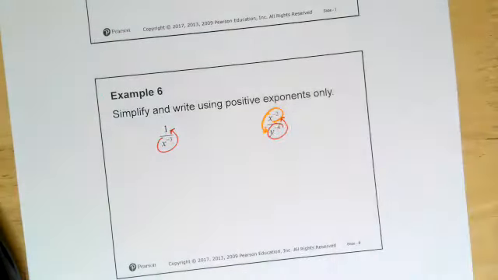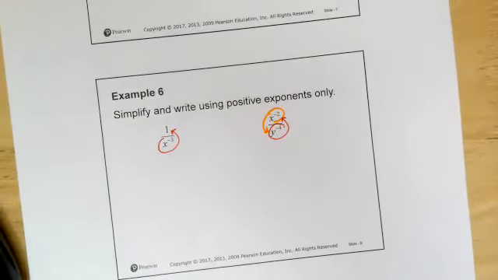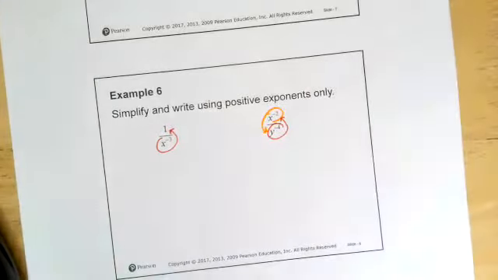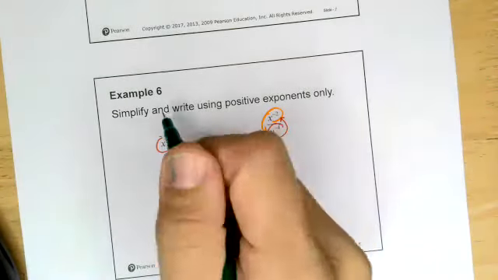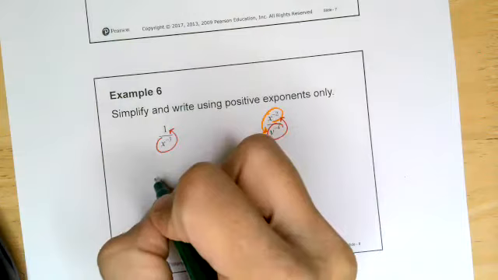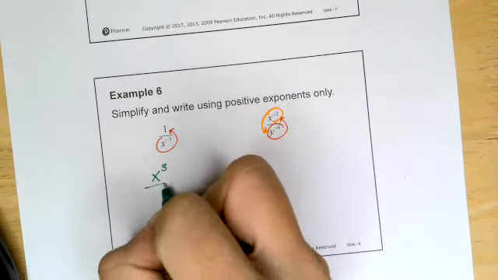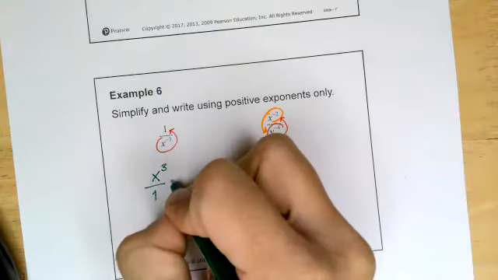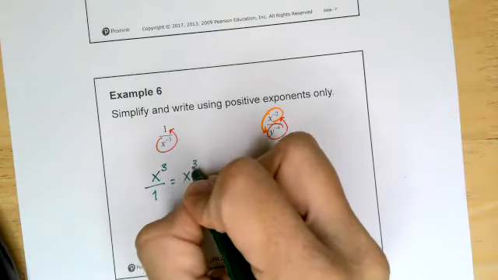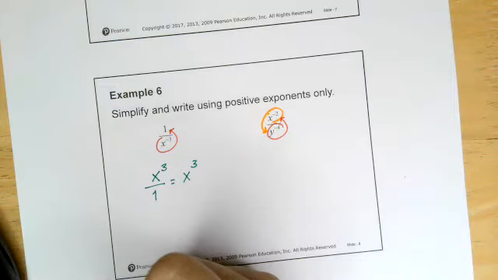So everything is just moving across the fraction bar or the division sign. Okay. So 1 over x to the -3, x to the -3 is going to go up. So now it's x to the 3rd. You could put the 1 back on the bottom, or you could just say, I know that's x to the 3rd. Any number divided by 1 is itself.